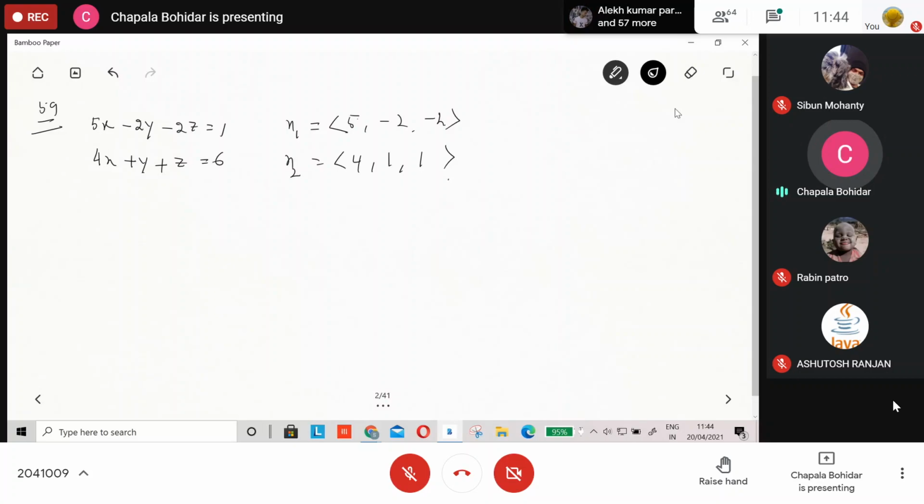Then at the xy plane, the point? 1 comma 2 comma 0. You are getting 1, 2, 0, with z equal to 0. That is the point, say P0. And then the vector V is equal to N1 cross N2.